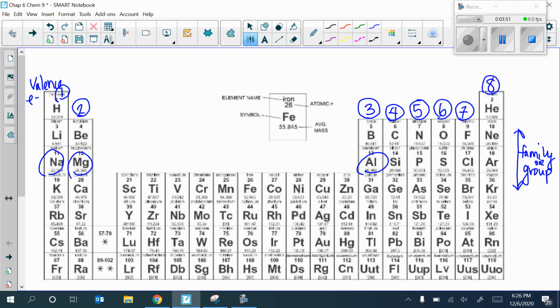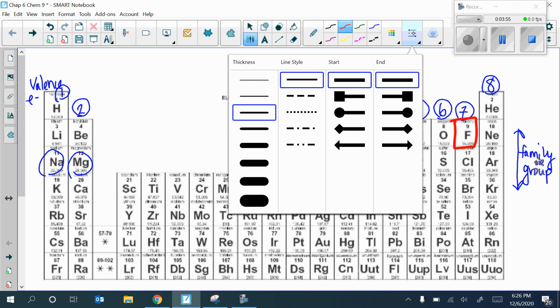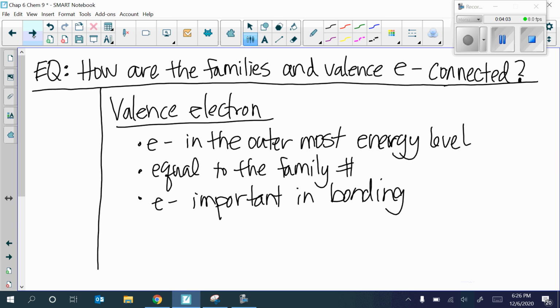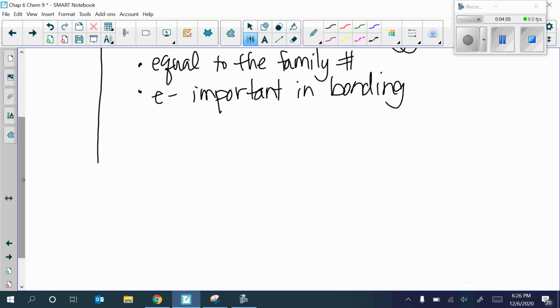Okay, so the next thing I want you guys to do is focus on fluorine. You guys can see that if we focus on fluorine, it has atomic number of 9, and that bottom number rounds to 19. So let's put that next into our notes, that we are going to do an example of fluorine. So fluorine atomic number again is 9, its symbol is F, and the bottom number rounded is going to be 19.